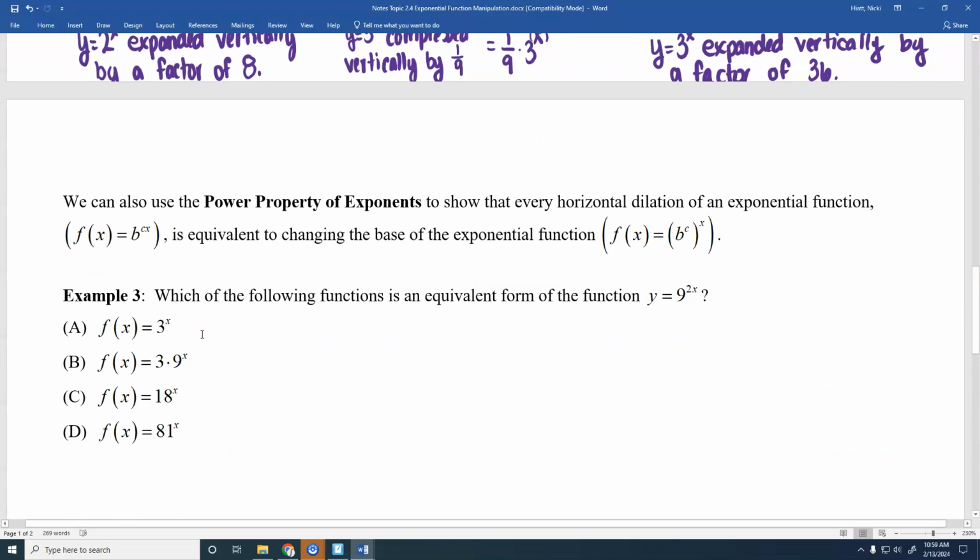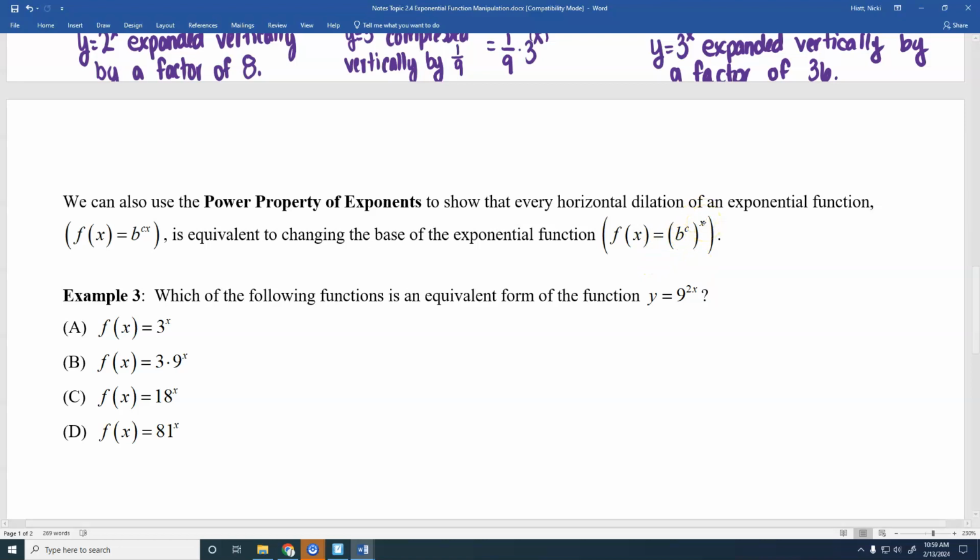All right, now, we also can use the power property of exponents to show that every horizontal dilation is equivalent to changing the base of the exponential function. Okay? So, whenever we have f of x equals b to the cx, we can write that as b to the c to the x.